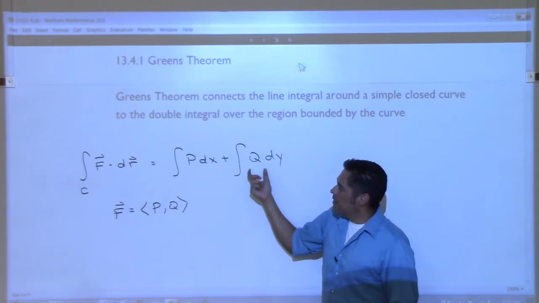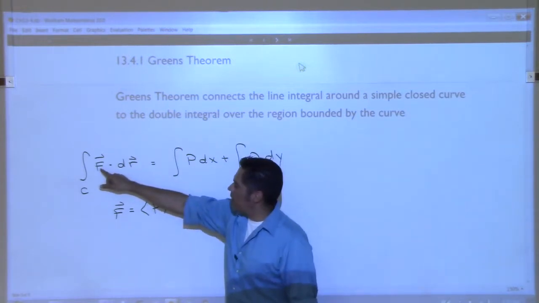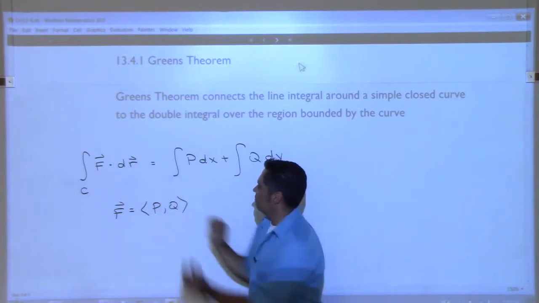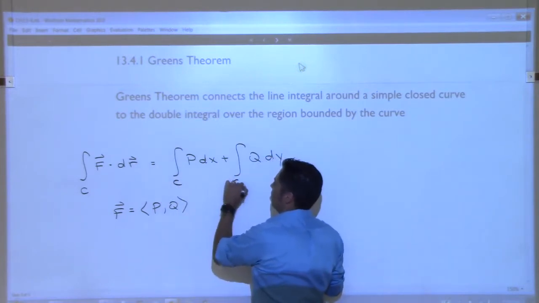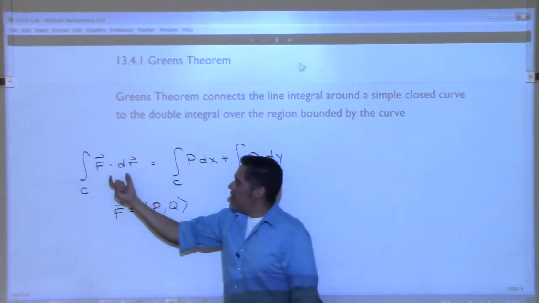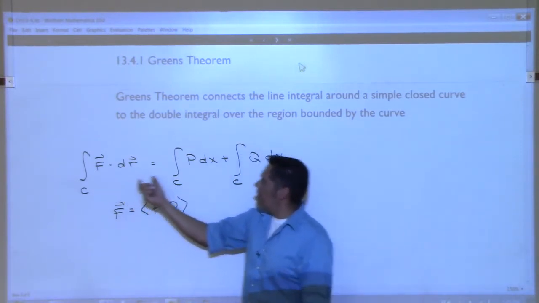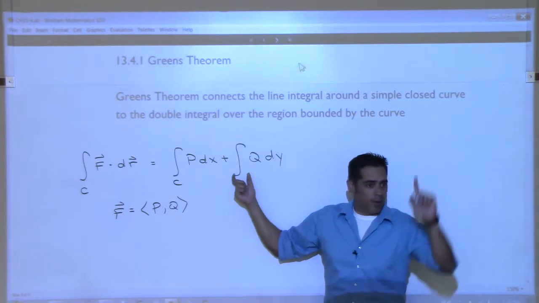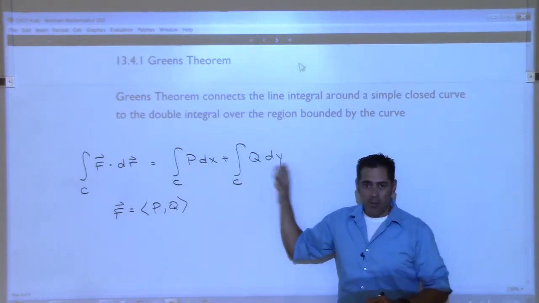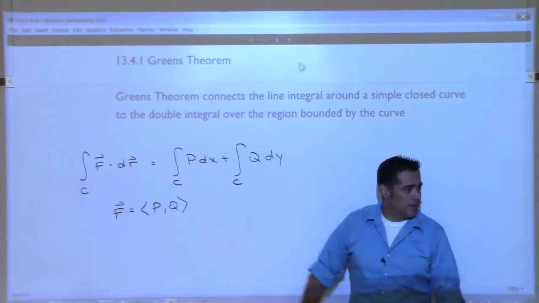If you were to take whatever the vector field F, PQ, is, and then dot it with dr, then this is the relationship between the line integral written in vector form and the line integral written in the first way we saw it, which was with respect to x and y. So we need this to be able to move on.